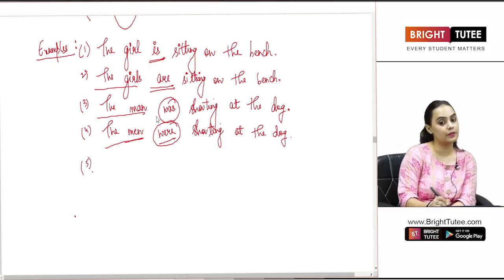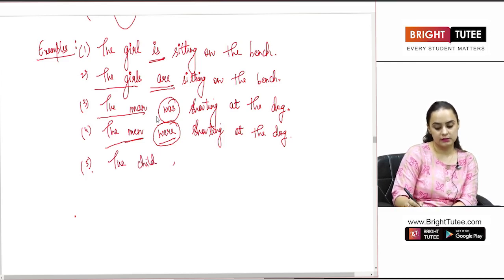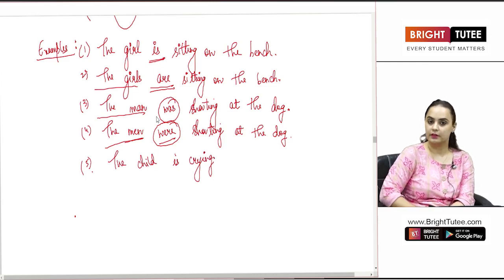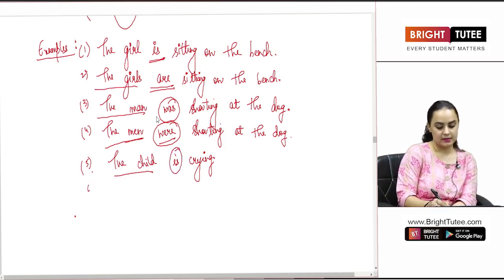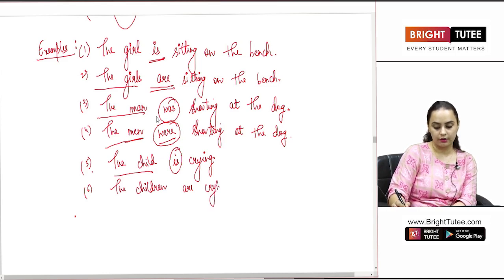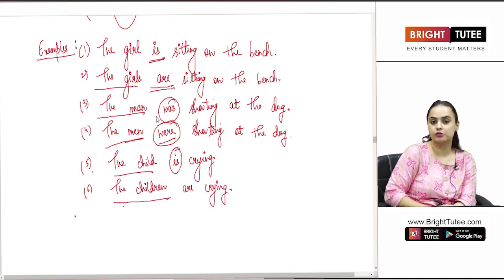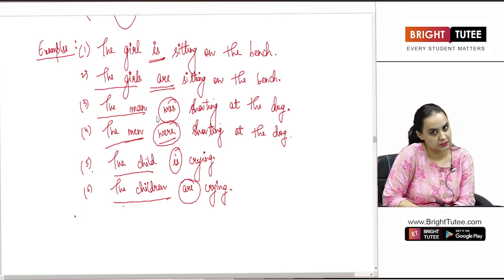Similarly, if I give you another example, the child is crying. So, the child is singular, and what is the verb that I use? Is. Similarly, if I give you the example with the plural subject, the children are crying. So, the children are plural, and therefore we use the plural verb with it.